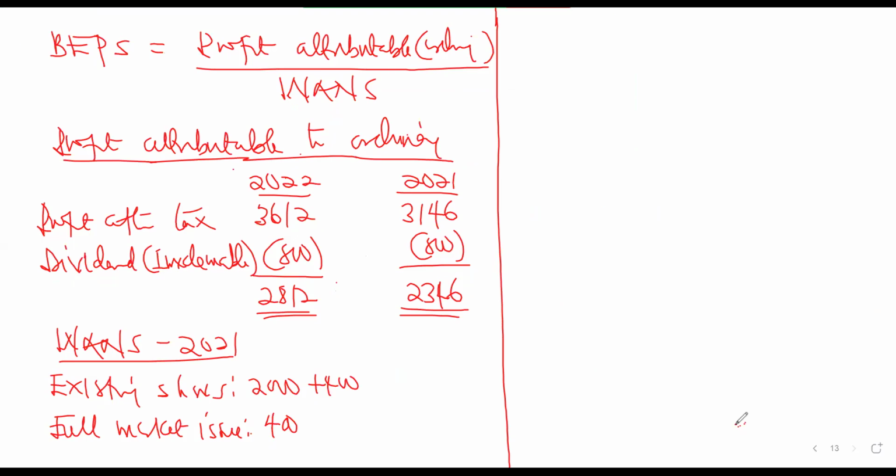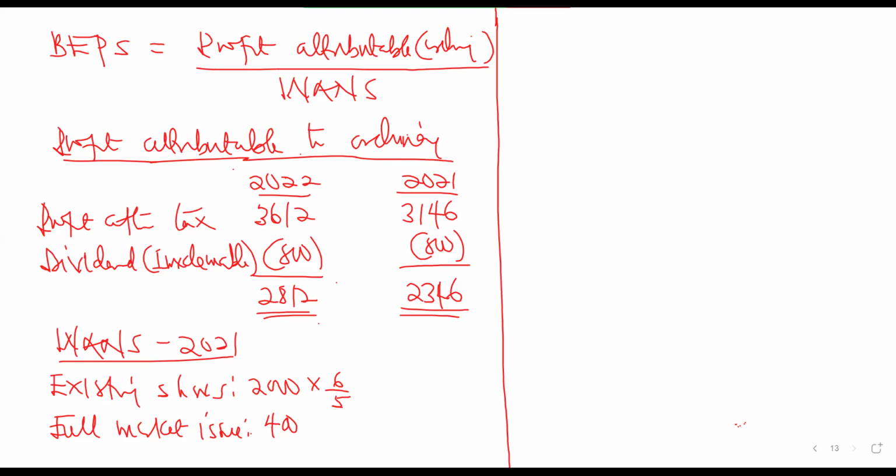But what we normally do is use the bonus fraction. So the bonus fraction will be 6/5 for this one. You'll be getting 2,400.